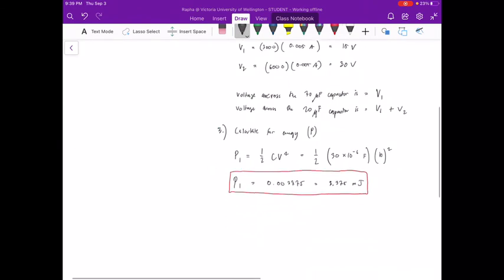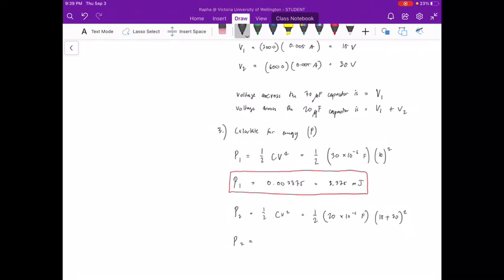Then for P2, we have P2 is equal to 1 half CV squared. We have 20 times 10 to the negative 6 farads, and then we have V1 plus V2, we have 15 plus 30 all over squared.